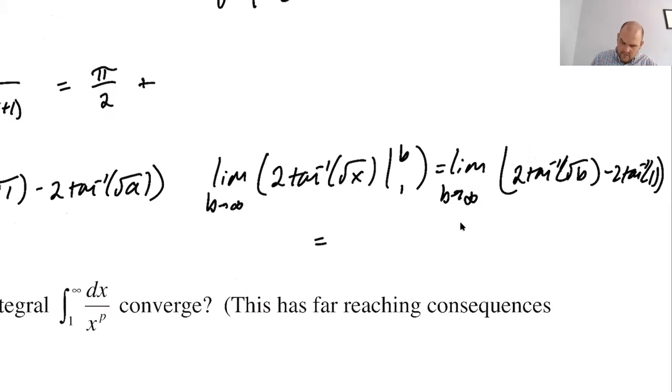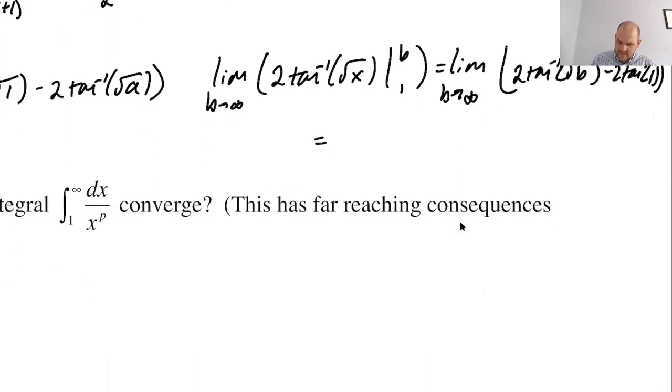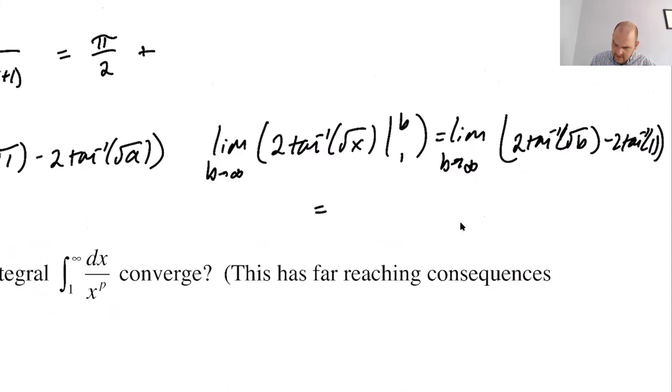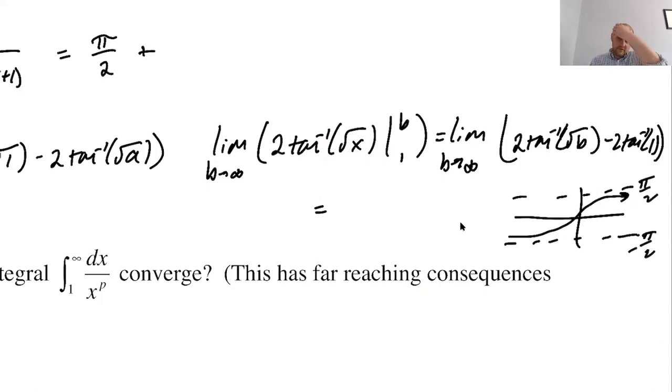All right, so what does arctan look like? Arctan looks like this, and it has horizontal asymptotes here and here. This is at negative pi over 2. This is at pi over 2. So if I go to infinity, I get pi over 2. 2 times pi over 2 is pi.